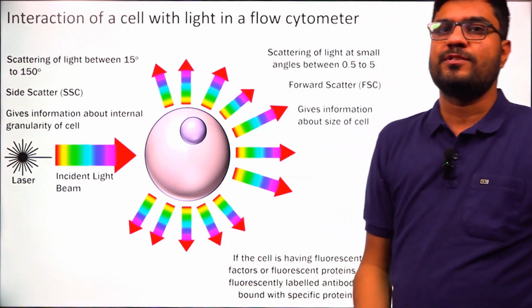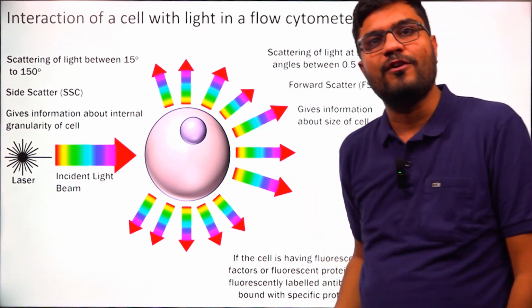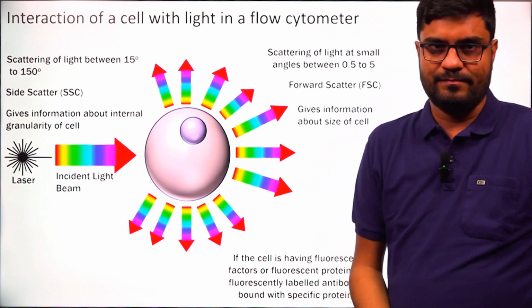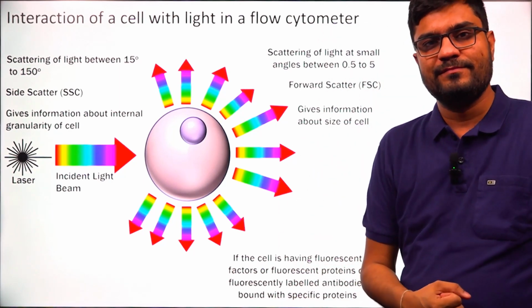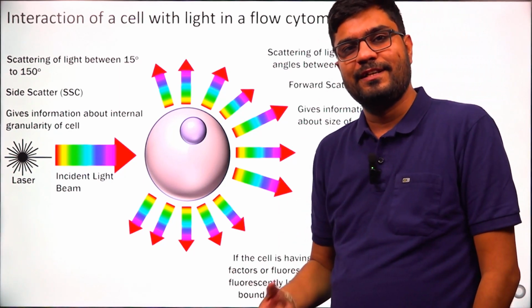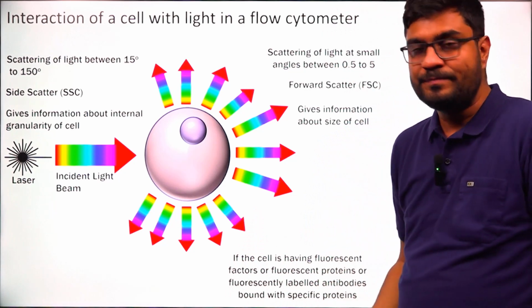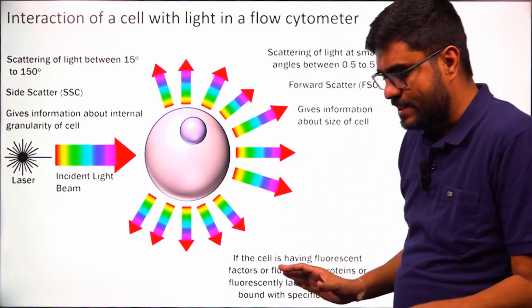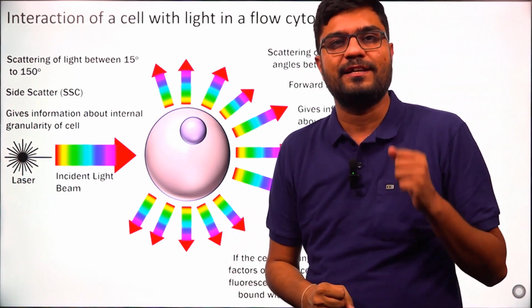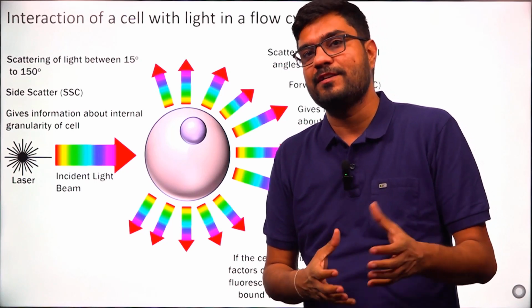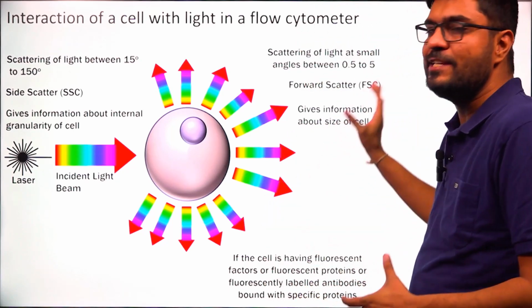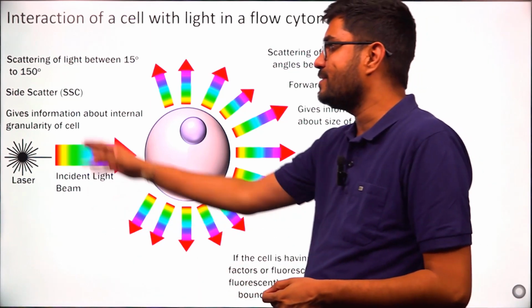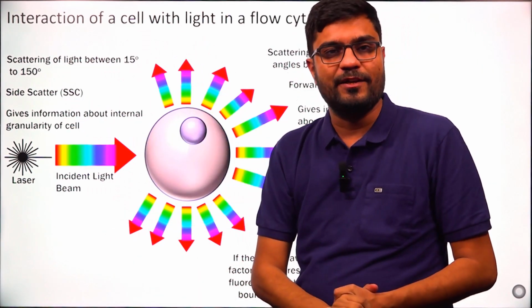So the more granules, the higher the value of what? Side scatter. The bigger the size, the higher the value of what? FSC, or forward scatter. So the two parameters, forward scatter and side scatter, are giving us information about the size of the cell as well as the granularity of the cell.